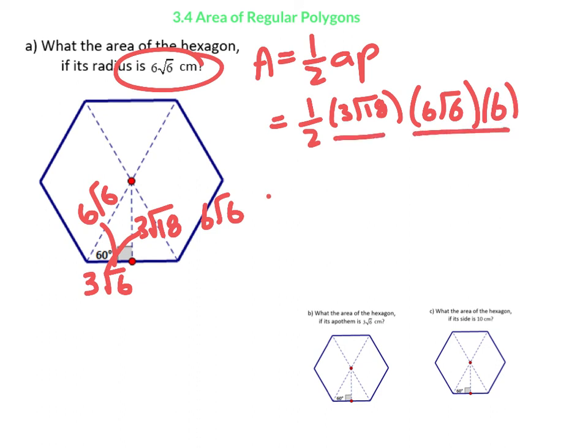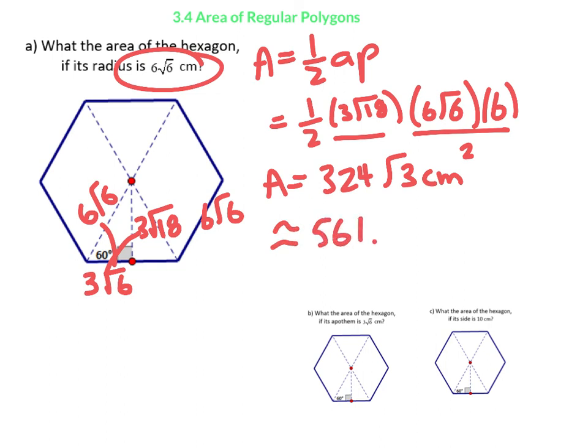All of that is one big number, and that number is 324 root 3 centimeters squared. That's what it all simplifies down to. But truthfully, most of you will just slam that into the old calculator, and you get 561.18 centimeters squared. The key, again, is this magical little 30, 60, 90 triangle in here that needs to be used.